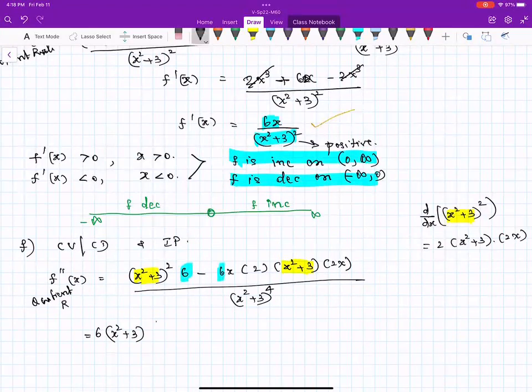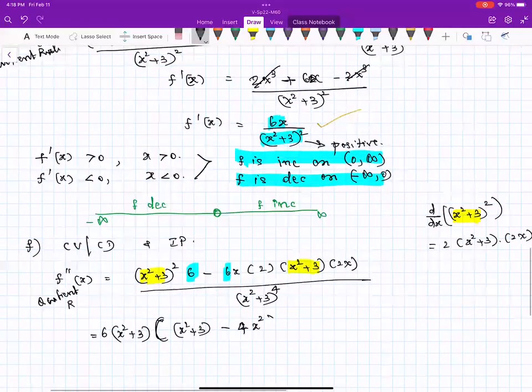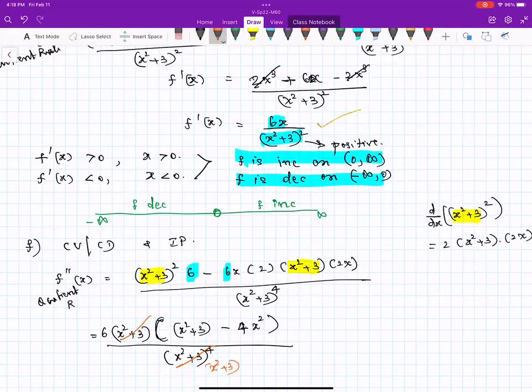So now you are left with x squared plus 3 for the first term, minus 2x times 2x, that is 4x square. x squared plus 3 has been taken out, minus 4x square, divided by x squared plus 3 to the power of 4. We reduce it, so it will be x squared plus 3 to the power of 3.